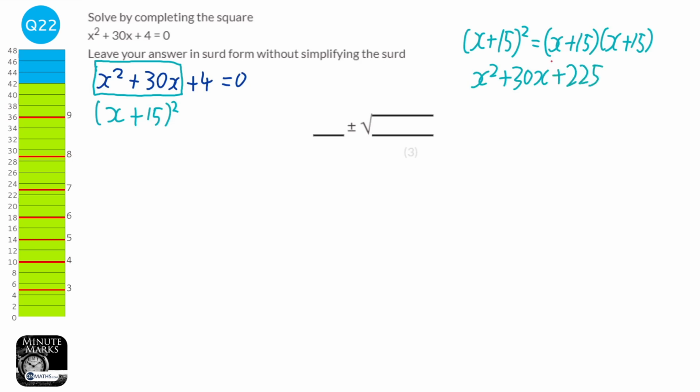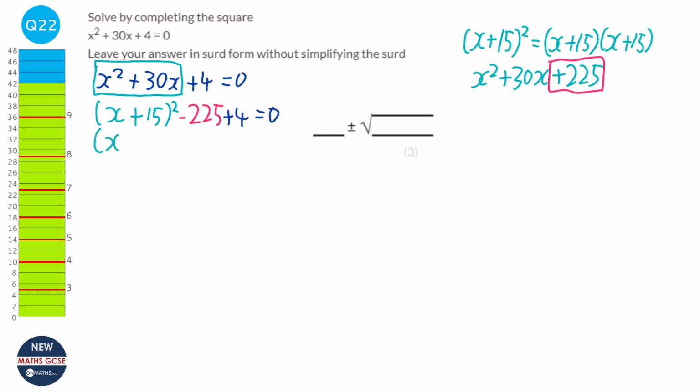So the problem we have is it creates a 225, so we need to remove that. So take away 225, then plus 4 equals 0. And then finally what we're going to do is just add those two parts together. So that would be minus 225 plus 4 to be minus 221.